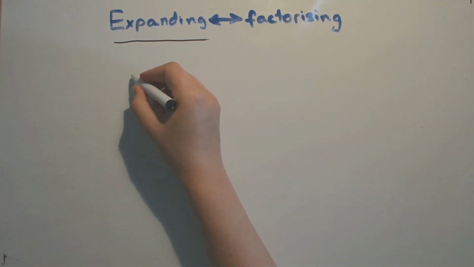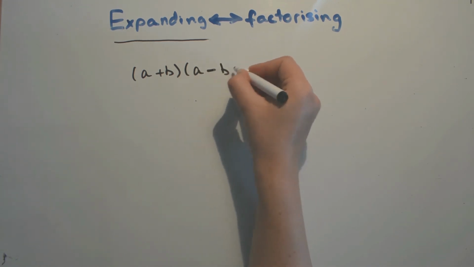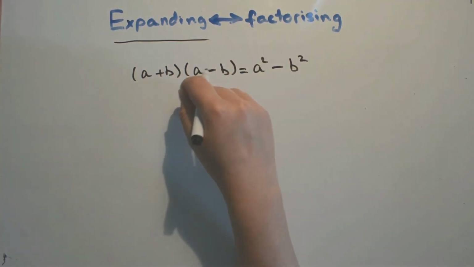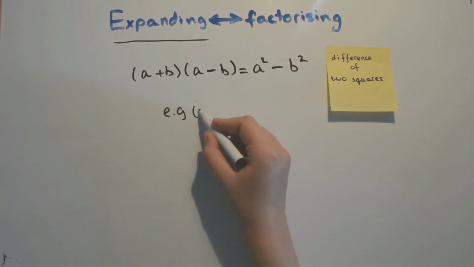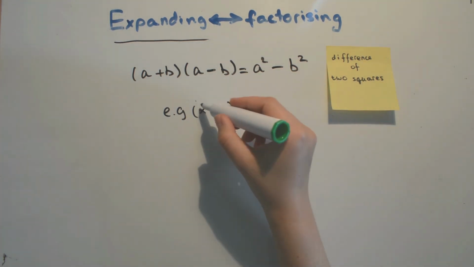Okay, and final rule is if you have two brackets with the same numbers but one is positive and another negative, the answer is just a squared minus b squared. It is also known as a difference of two squares. Really important to remember it both ways as it appears in factorizing and expanding.